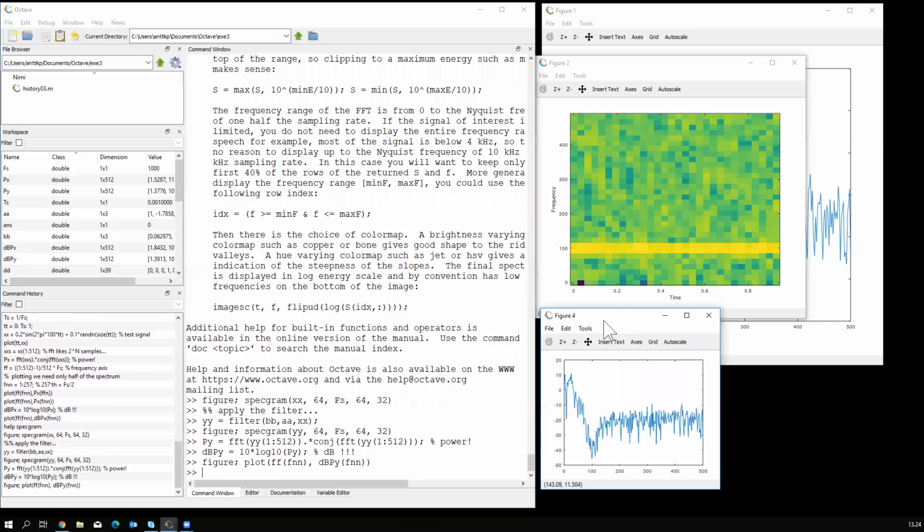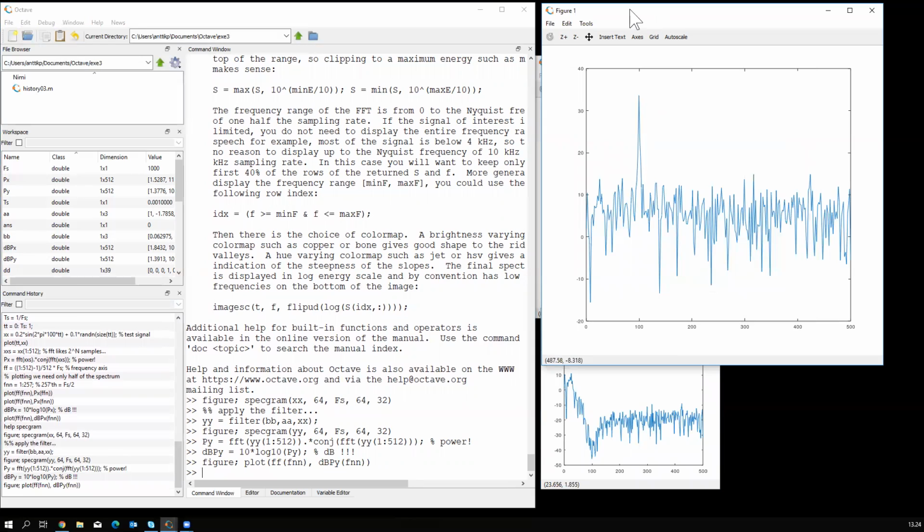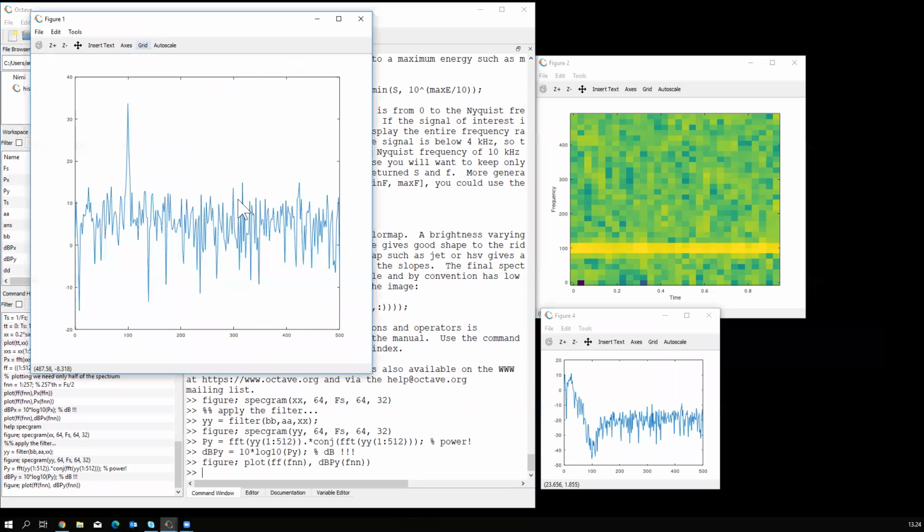I got the power spectrum of this signal. Okay, this is where we started. That's the original spectrum, which has basically flat response here.